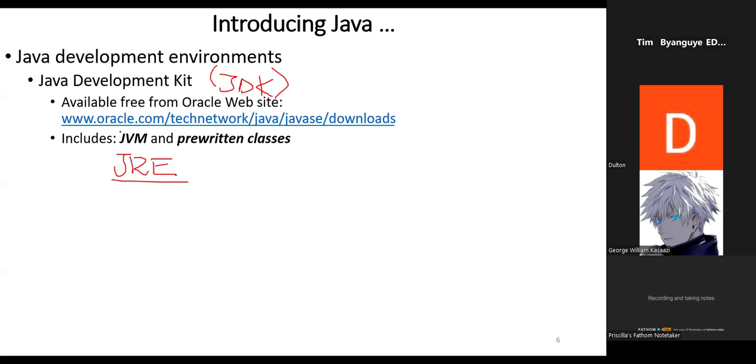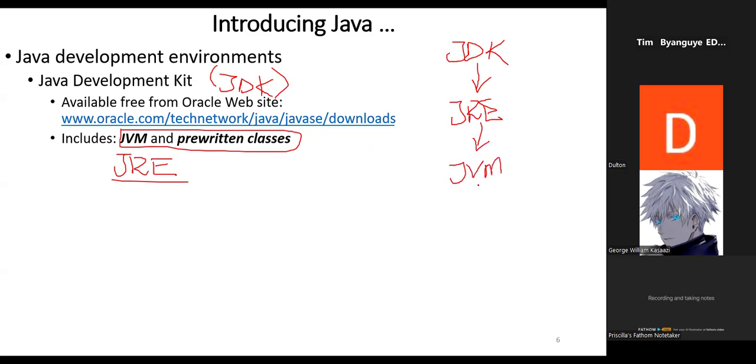It is inside the JDK that the JVM, or the Java Virtual Machine, is found. So the hierarchy would look like this. You have JDK. By now, you know what a hierarchy is. You have JDK, you have JRE, and then you have the JVM. Inside the JVM is where you find lots of things that you will get to learn along the way.